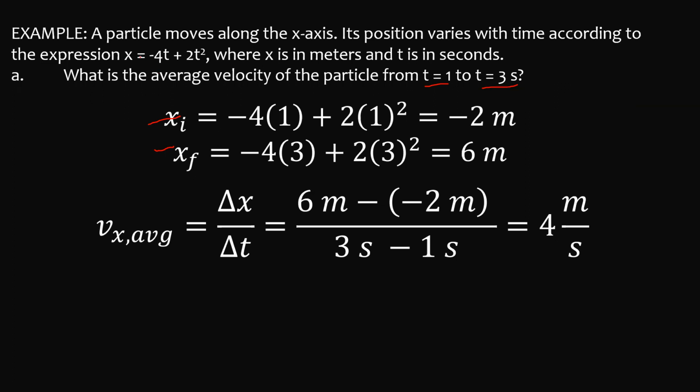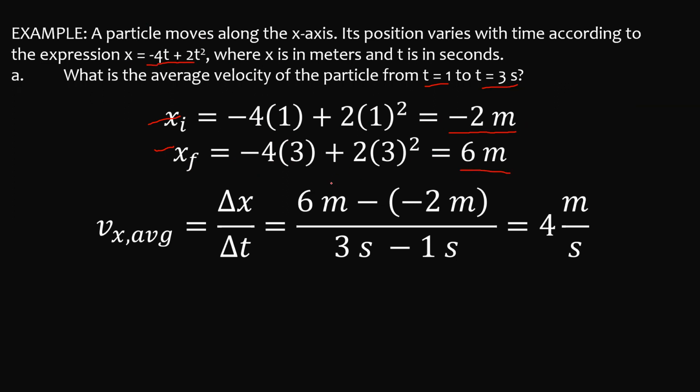Substituting that to our function, negative 4 times 1 plus 2 times 1 squared, we will get negative 2 meters. This is our initial position. Our final position is for t equals 3 seconds, and we get 6 meters.